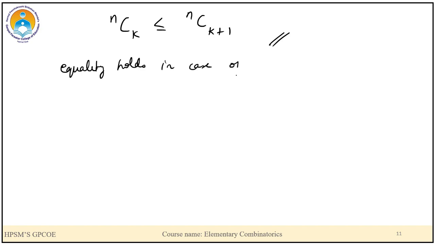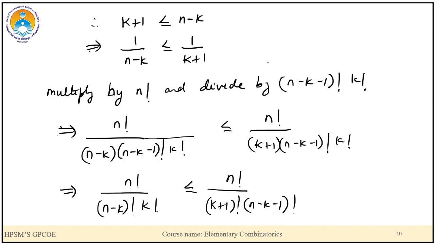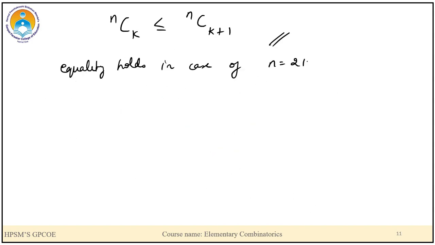Equality holds in case of n being equal to 2k plus 1, or k being equal to (n minus 1) over 2. So that completes the proof of the identity.